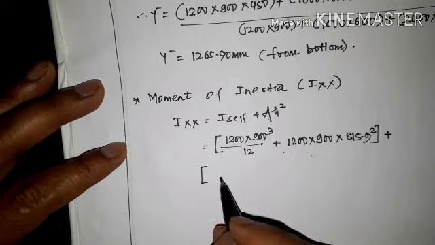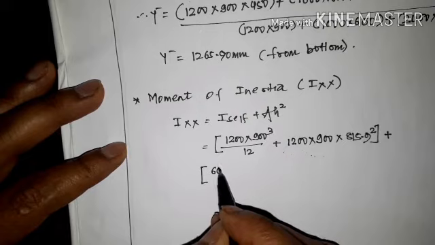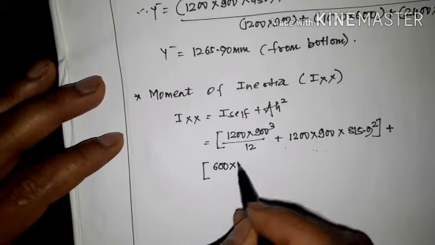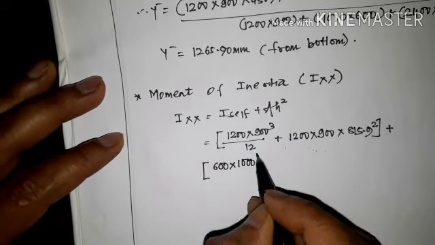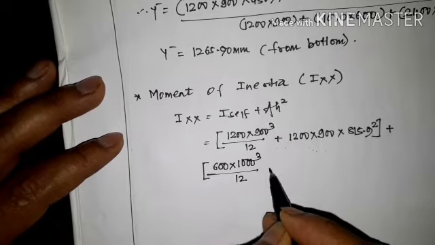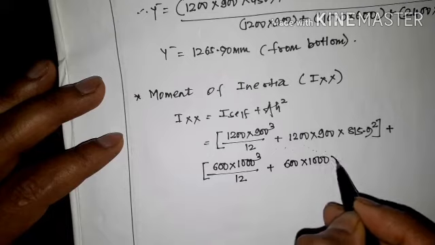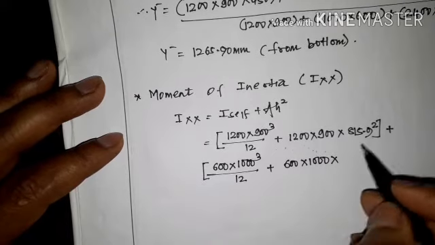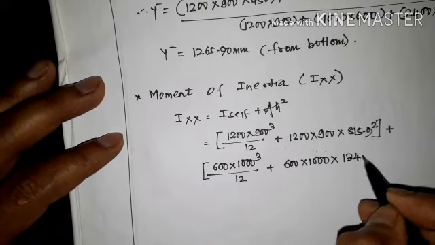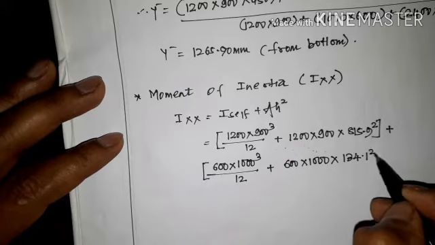Again for the web, with respect to the horizontal axis xx, width is 600, depth is 1000, cube divided by 12, plus area is 600 into 1000 into h, which is 134.1 square.